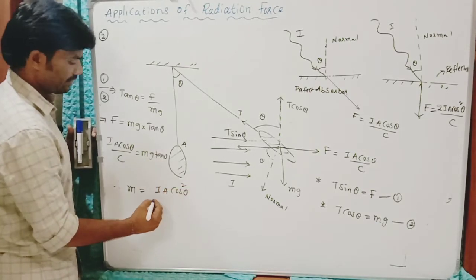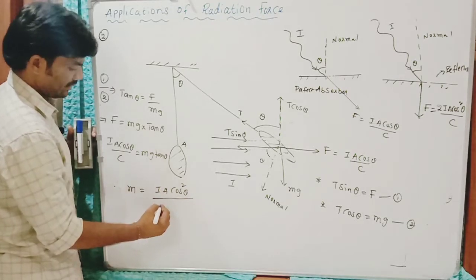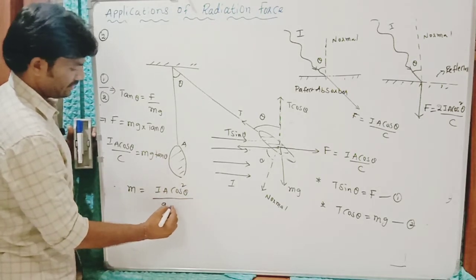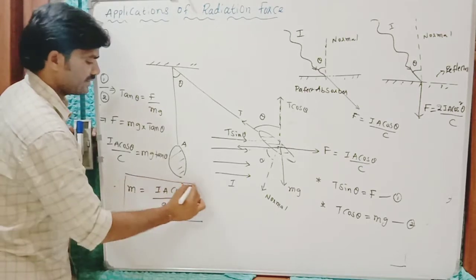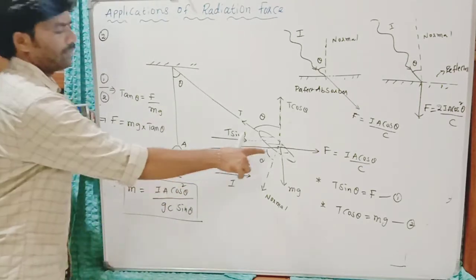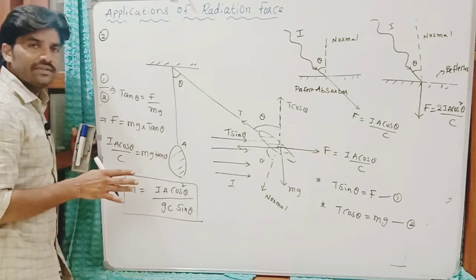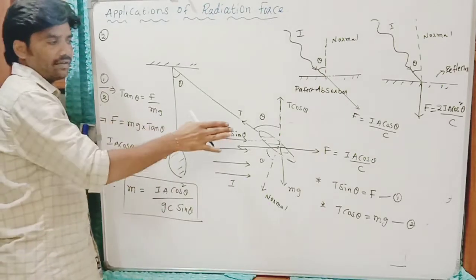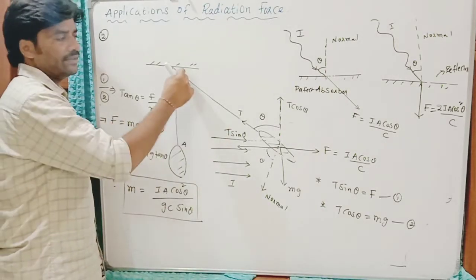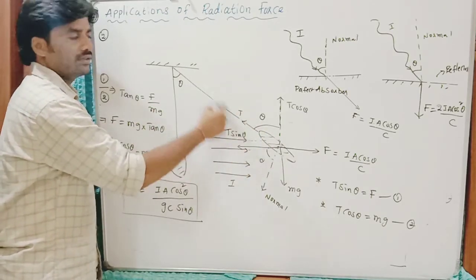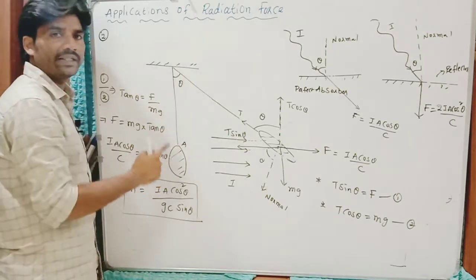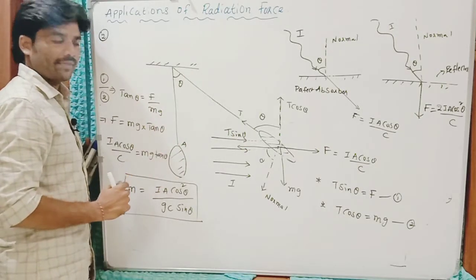It becomes IA cos square theta by g c sin theta. This is the mass of this absorbing body when radiation strikes horizontally, and it is kept in equilibrium at this position at which the string makes angle theta with the vertical. Clear?